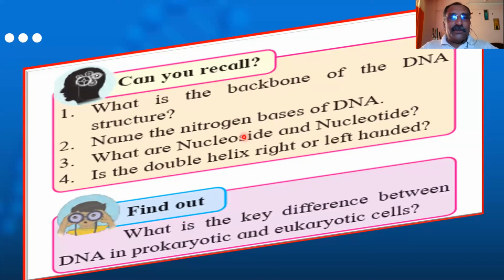Okay, that is clear to you now. Now from the nucleotide, I am going to remove phosphate. Then what will remain there? I removed the phosphate. Then what is there? Only sugar and nitrogen base. Am I right?